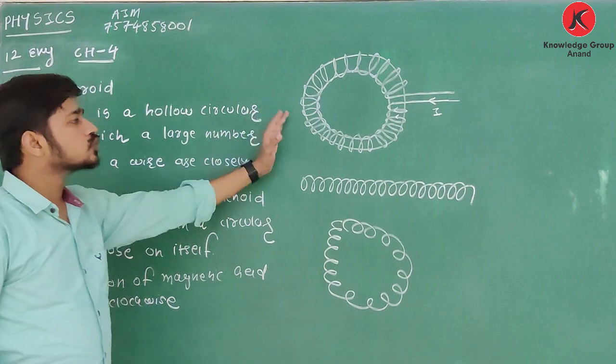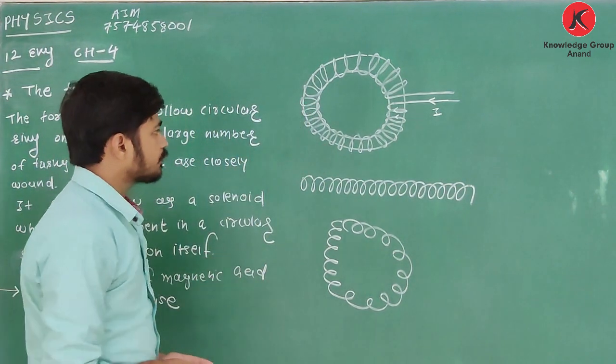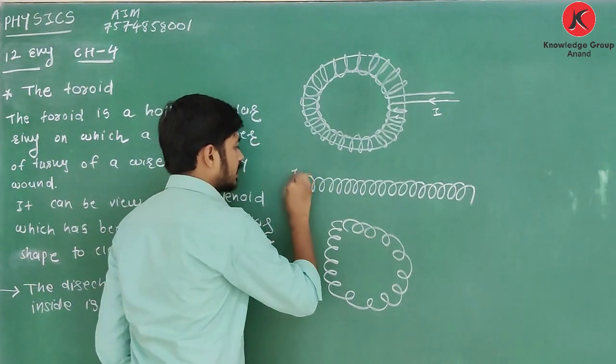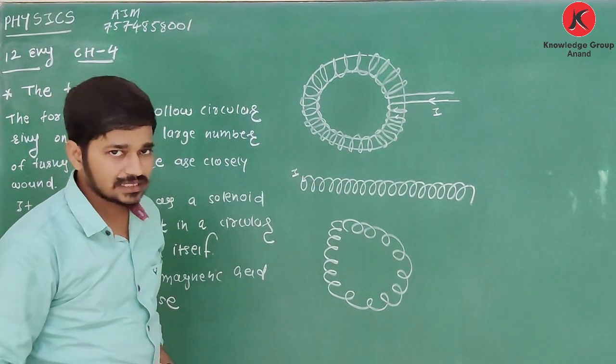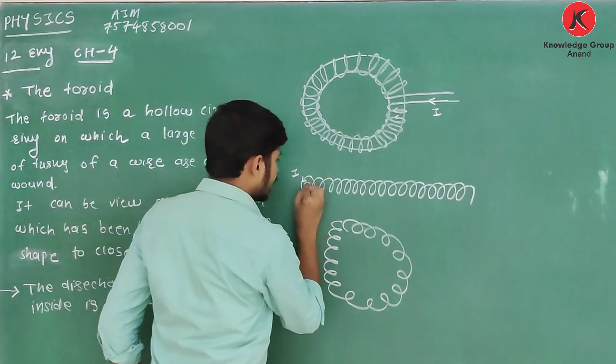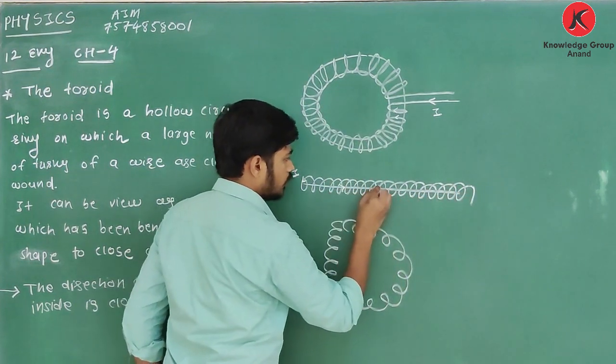Now, in the case of a solenoid, you have to find the magnetic field. See here, if current I is flowing in this direction, then as we discussed in the last lecture, the magnetic field is parallel to the axis in this direction. Yes or no?